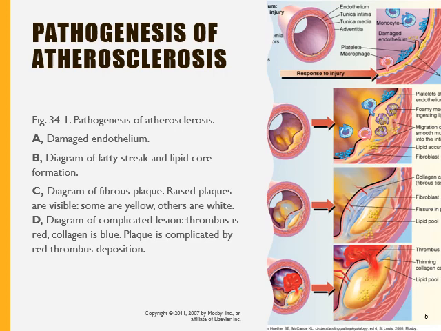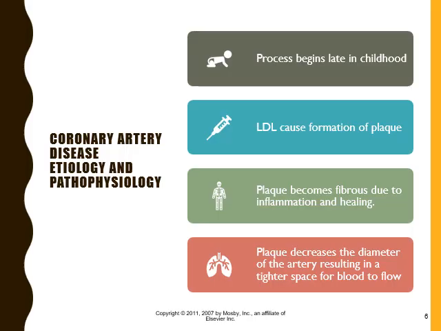This slide has the pathogenesis of atherosclerosis, and you can see the top one, the damaged endothelium. I'm not going to read each one for you. You can look at these and see how it progresses to the point of D, where it really blocks up most of the artery. There's very little blood flow getting through. This is scary.